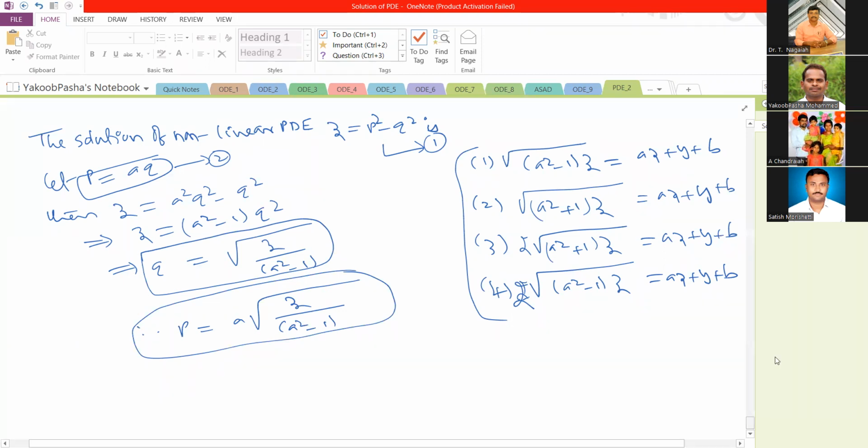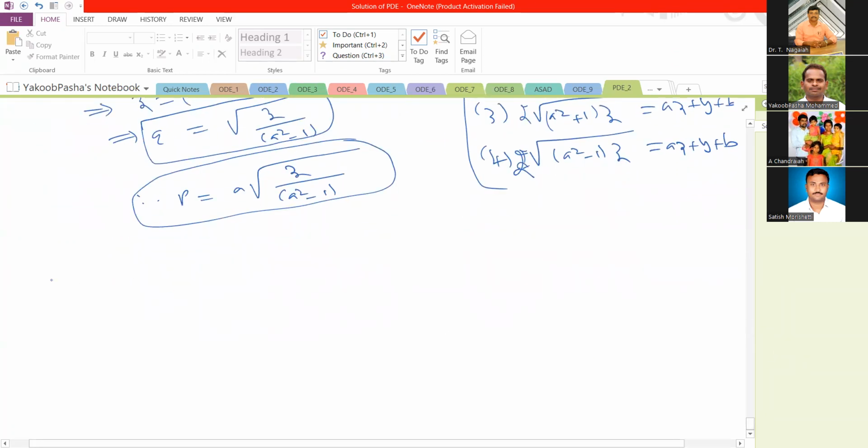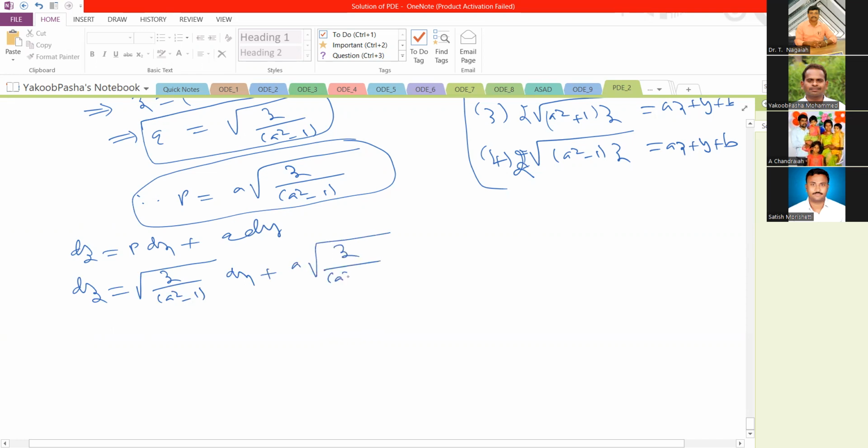Now, substitute in dz is equal to pdx plus qdy. So dz is equal to p value under root of z by a square minus 1 into dx plus q value under root of z by a square minus 1 into dy.